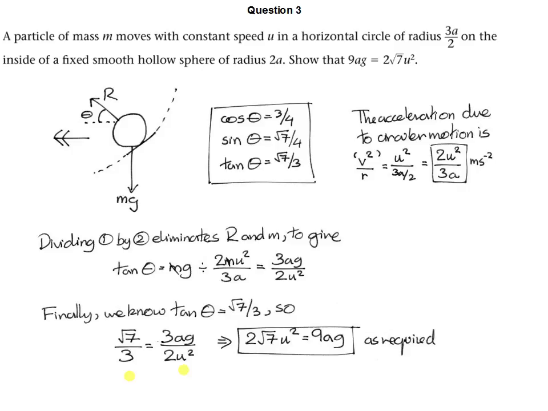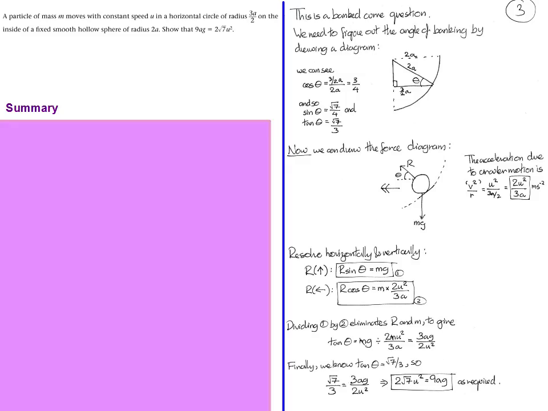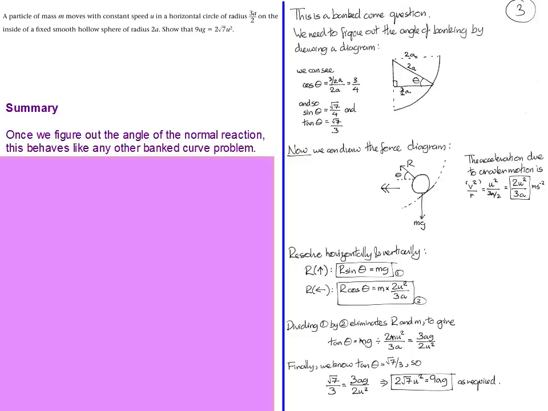Let's have a quick summary of what this question involved then. As with all of these questions, they can initially look very, very complicated, but it is just a banked curve problem. So whenever you see a question that involves going in a horizontal circle around the inside of a sphere, we need to try and figure out what the angle is that the normal reaction is going at.